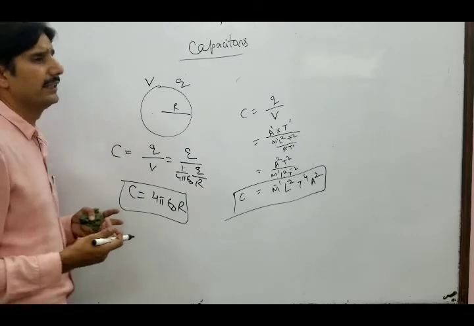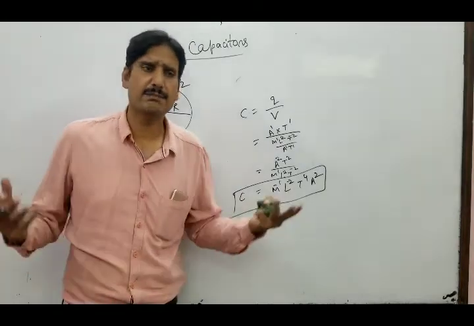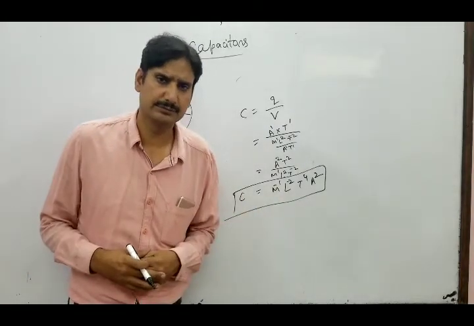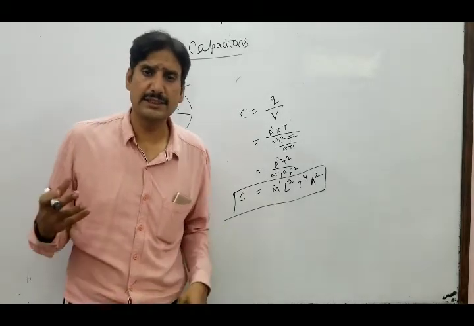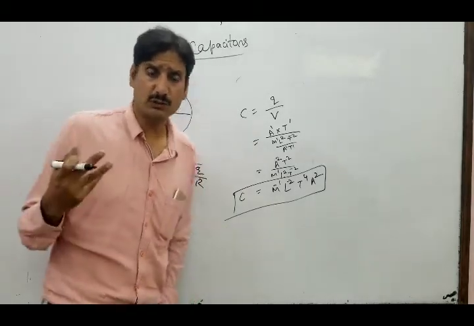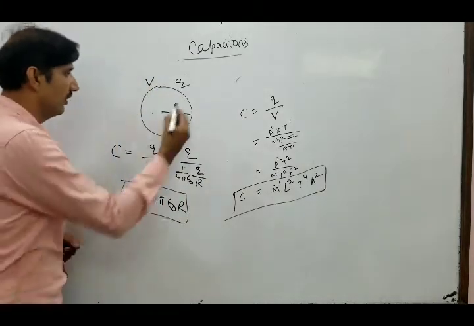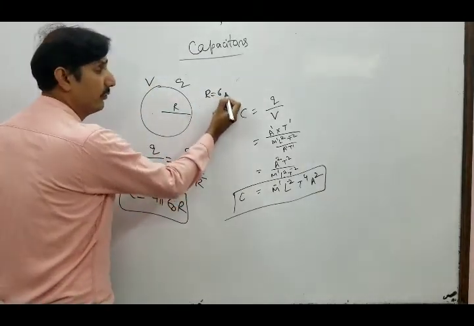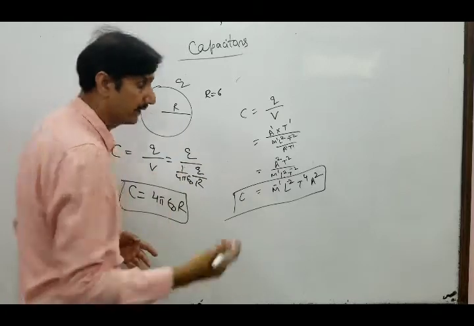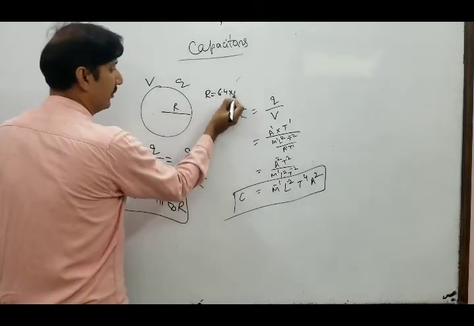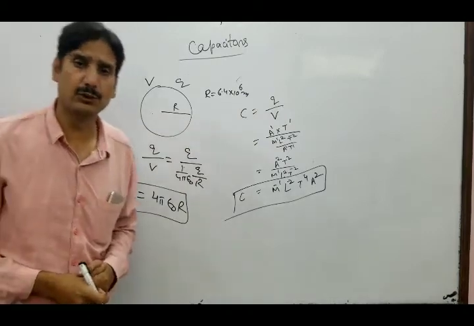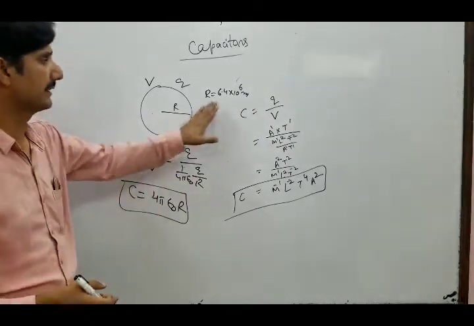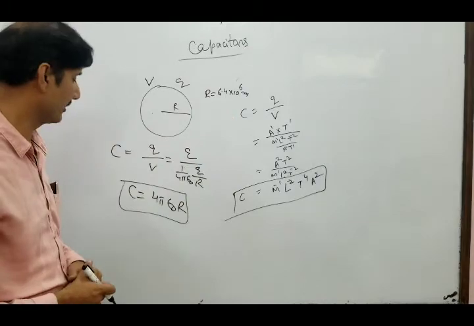Let's think of a conductor as big as the size of Earth. How much would be its capacity? I can put R equal to 6400 kilometers, that's the radius of Earth. That can be written as 6.4 into 10 raised to the power 6 meters approximately.